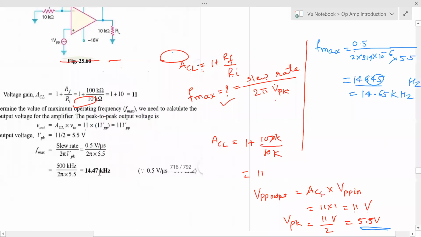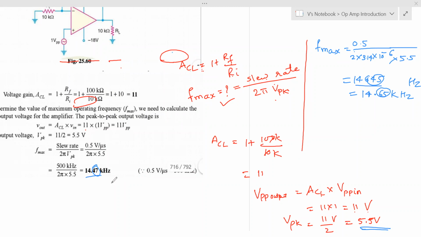Hmm. 14.47. तो थोड़ा इधर after decimal point somewhat different answer is there. Here 14.47 दिखाया है. Okay. तो सेम तो आना चाहिए था. Maybe sometimes we don't take all the digits after decimal. तो वो थोड़ा फर्क पड़ता है. Okay. Answer given is 14.47.